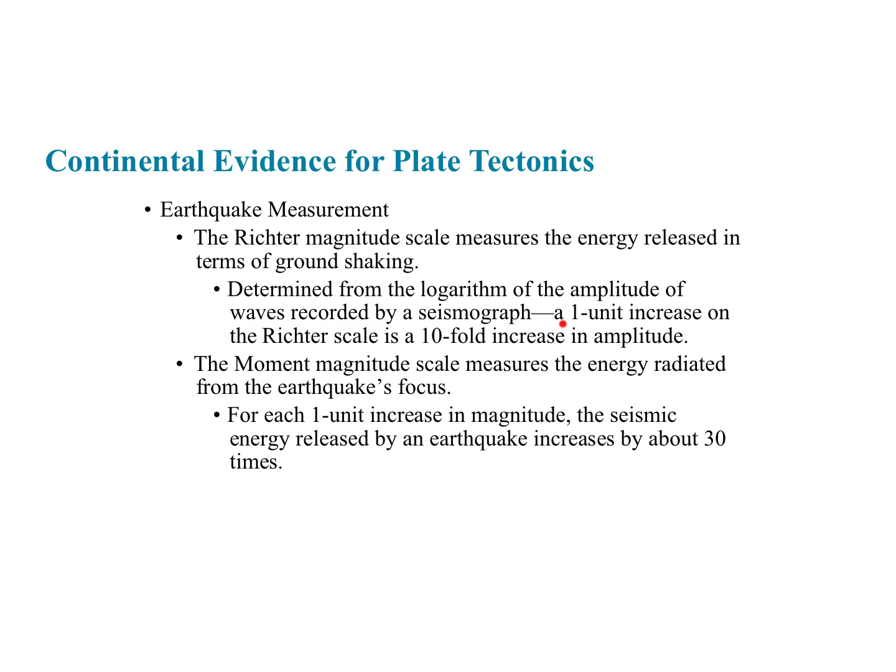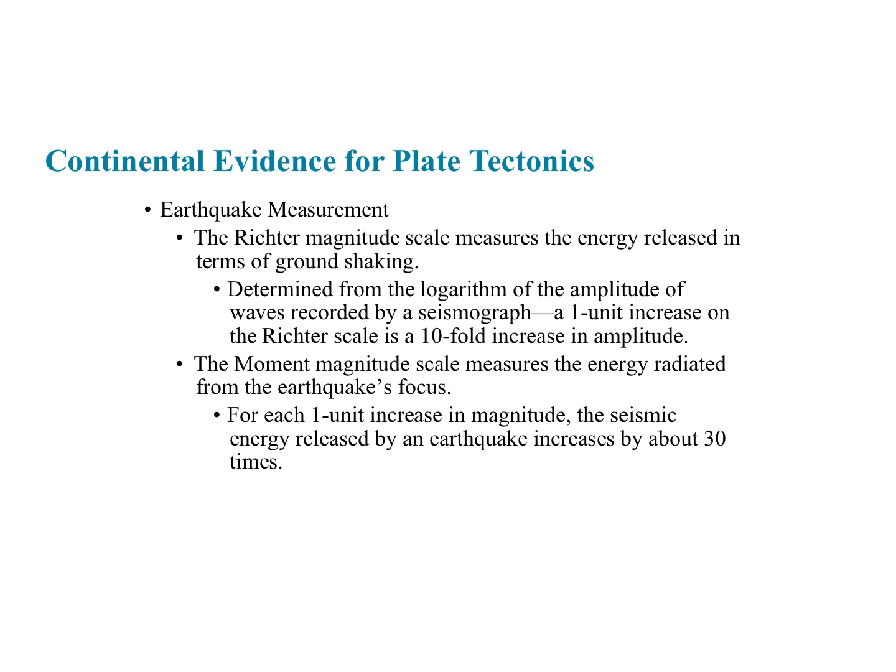Basically, a 1 unit increase on the Richter scale is a 10-fold increase in amplitude. So when you hear on the news that a 7.4 earthquake hit somewhere, an 8.4 earthquake would be 10 times as powerful or 10 times as big of vibrations.